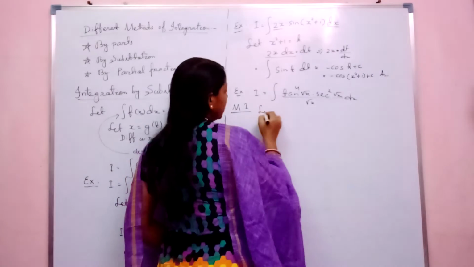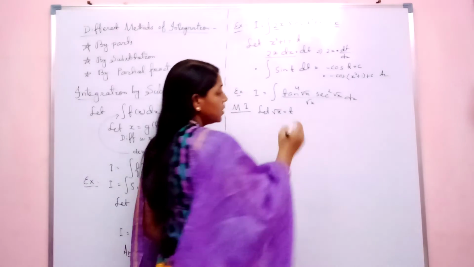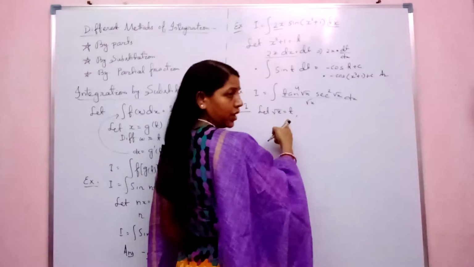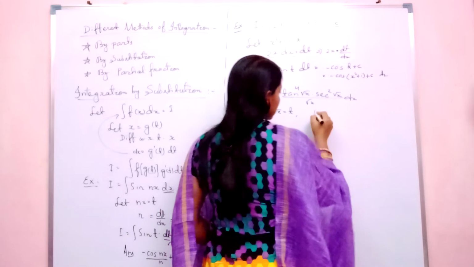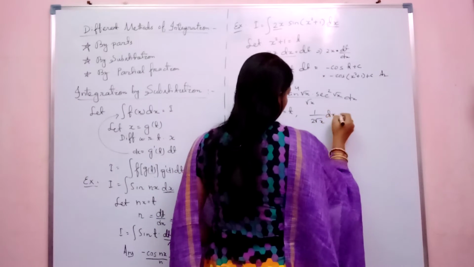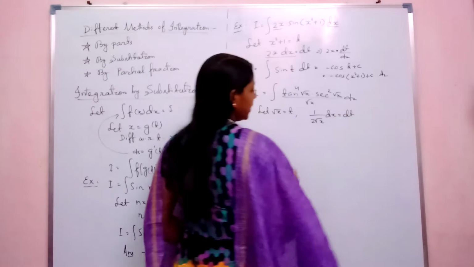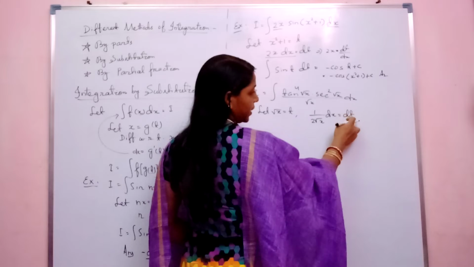So what you assume? Let root x equal to t. If you differentiate with respect to x, what is the differentiation of root x? 1 by 2 root x. So I will write 1 by 2 root x dx equal to dt. See here, my term present is dx by root x. So 2, can I take it to this side?